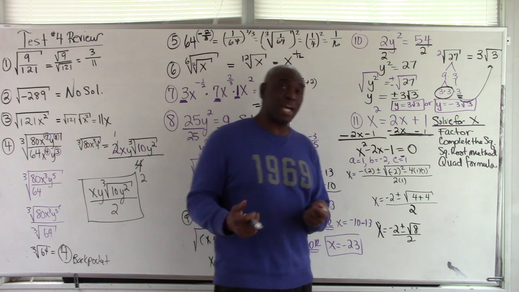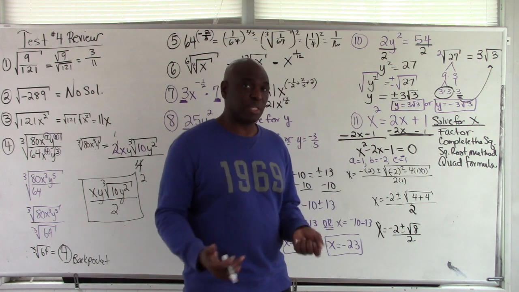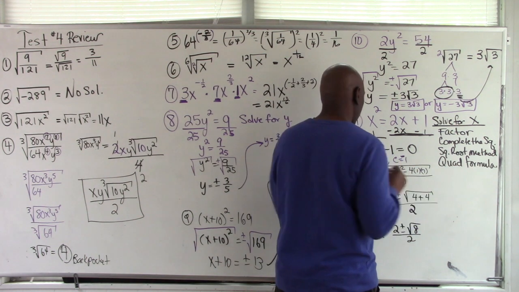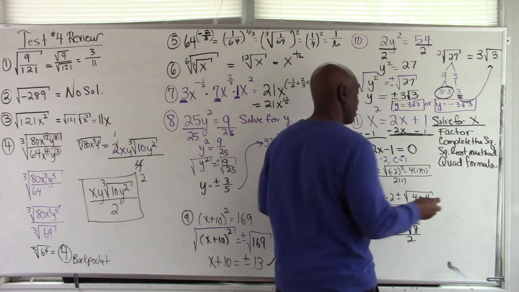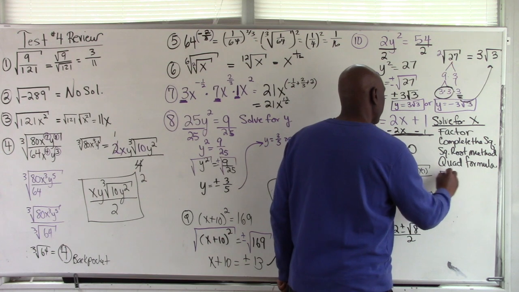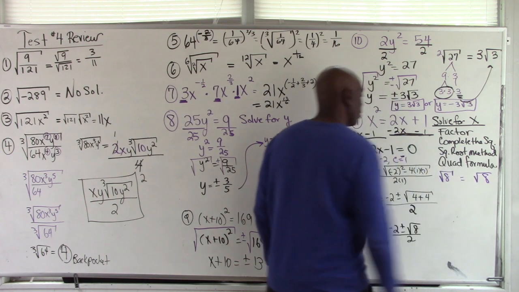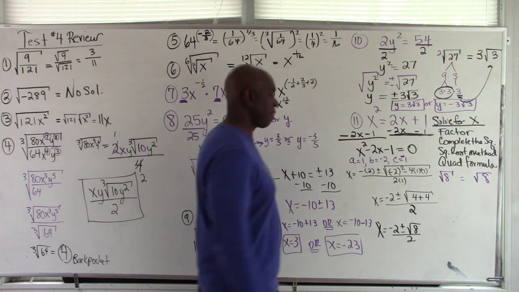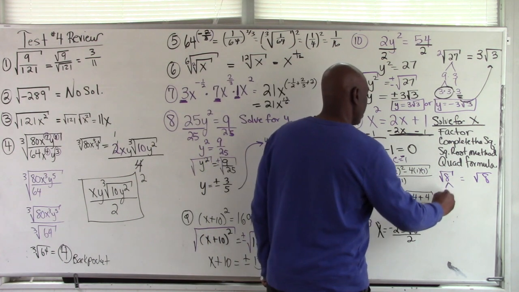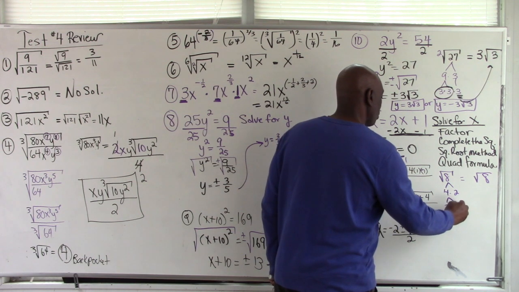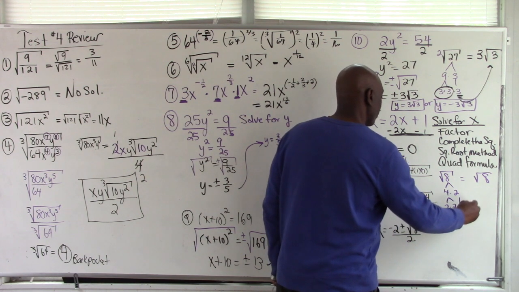So I have the square root of 8 right here. So what we have to do now, we have to break down the square root of 8. What does square root of 8 equal? All right, let's do it off to the side. Radical 8. Break it down. So 8 is 4 times 2, and 4 is 2 times 2, and bring down the other 2.